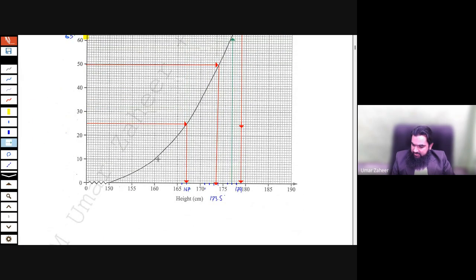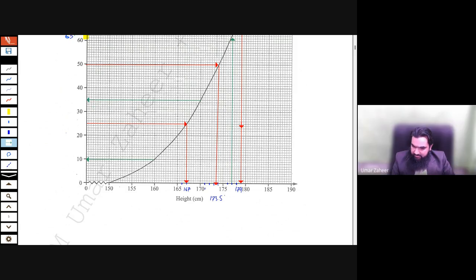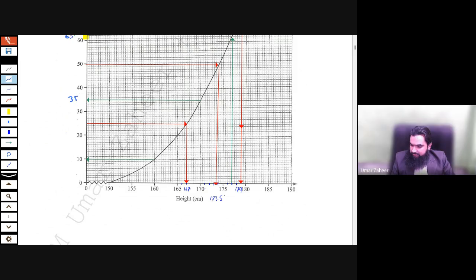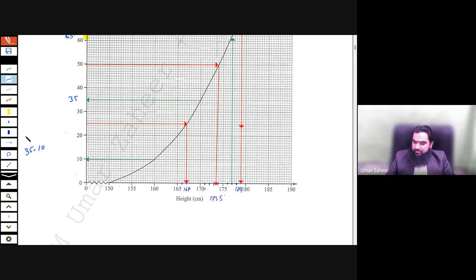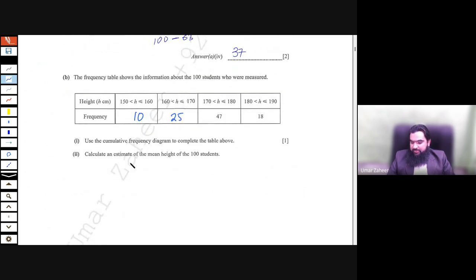Look here: at 170 it is 35, and at 160 it is 10. So 35 minus 10 will be 25. The rest are already drawn. Use the cumulative frequency diagram to complete the table. We have done it.